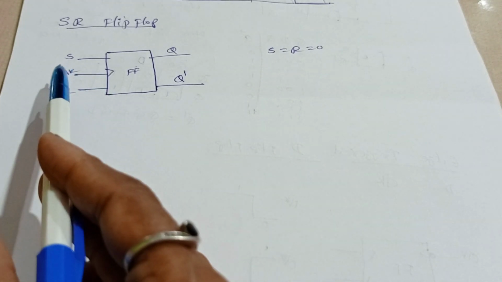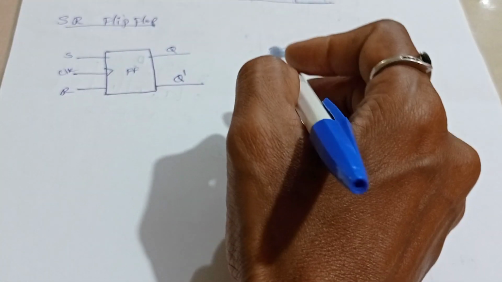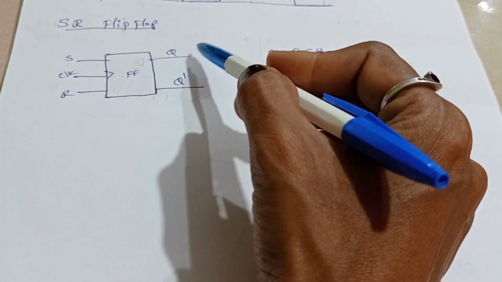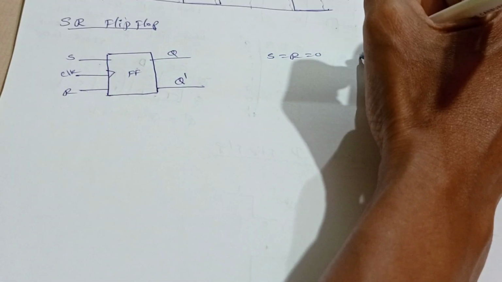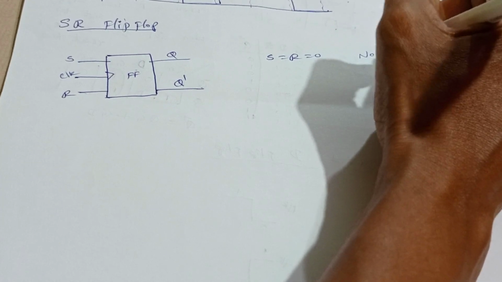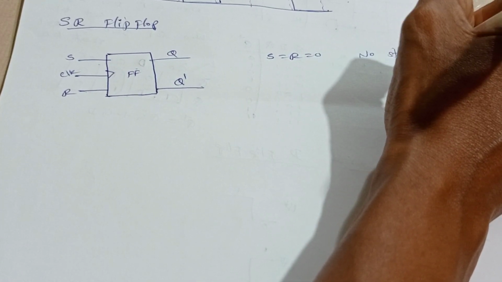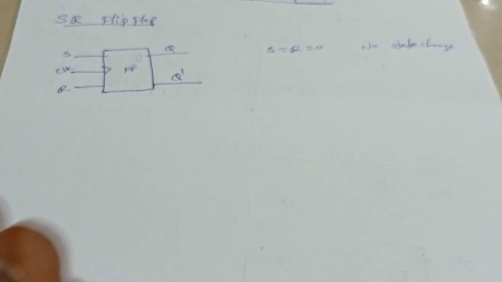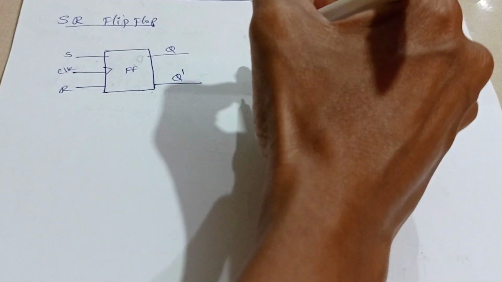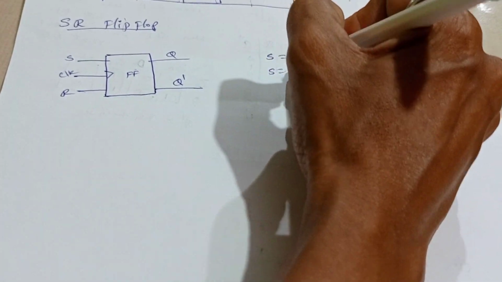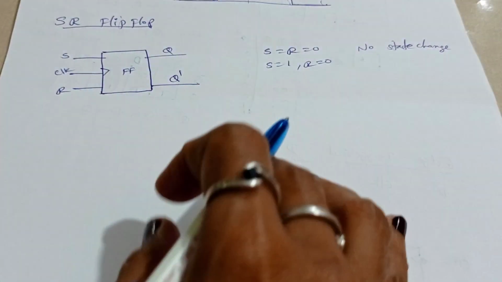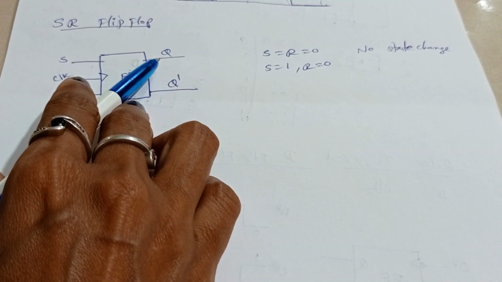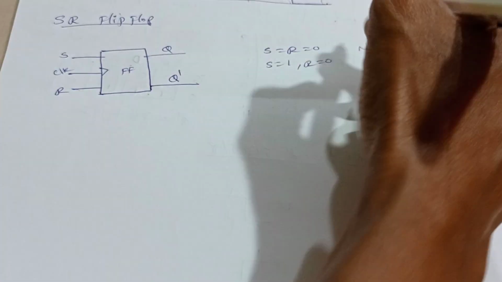Now we'll see the operation. When S is equal to R is equal to 0, there will be no state change. When both are the same, it will be in the same state, holding the previous output state. Now coming to S equal to 1 and R equal to 0, the output Q is set to high, that is 1, set.